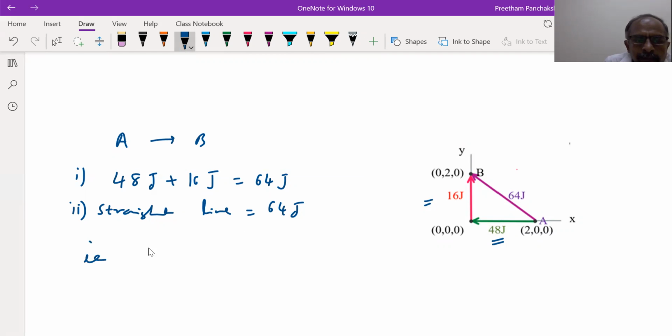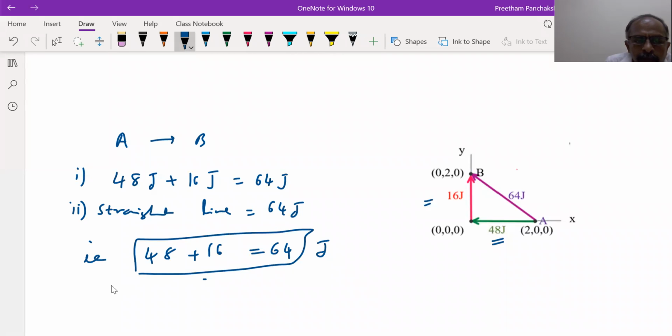That is 48 plus 16 joules along one path, 64 joules along the second path. Both are equal. So the electric field is conservative.